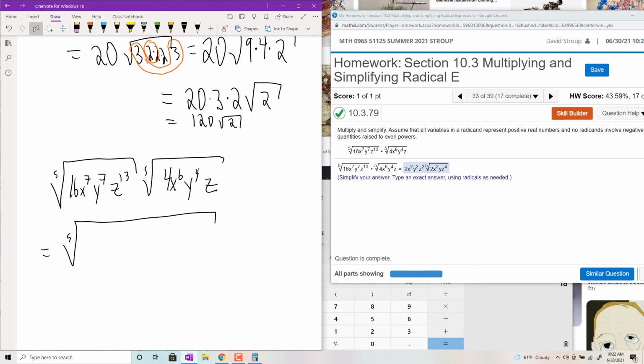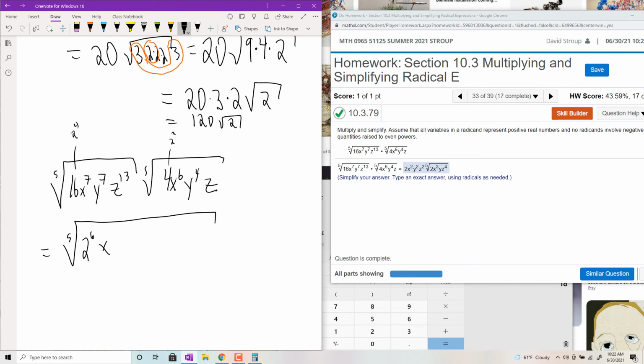And so we get the 5th root of 4 times 16 is 64. I should rewrite that as a power of 2. So again, 16 is basically 2 times 2 is 4, times 2 is 8, times 2 is 16. It's 2 to the 4th. 4 is just 2 squared, so we'll end up with 2 to the 6.